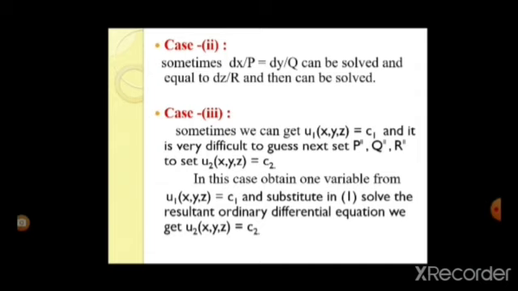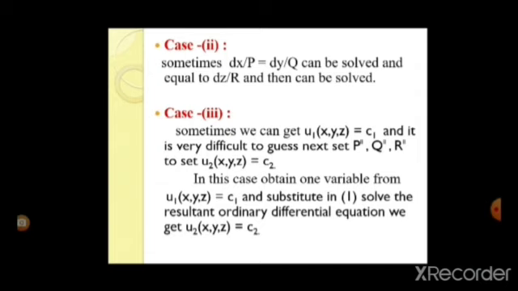So in that case, we have to take one variable from u1(x, y, z) equal to c1 and substitute it in equation number 1. We take that variable from the first family of curves and substitute it in equation number 1. What is equation number 1?